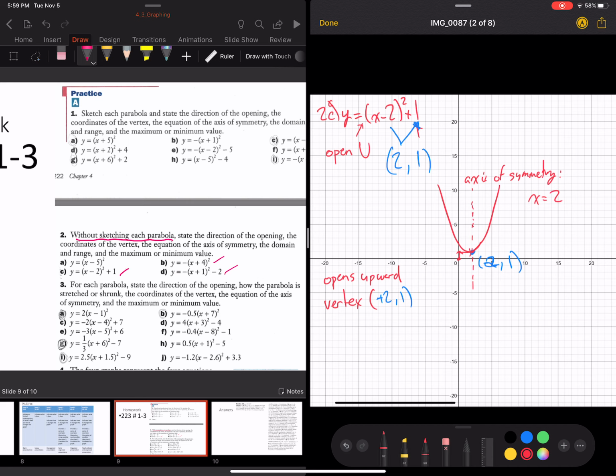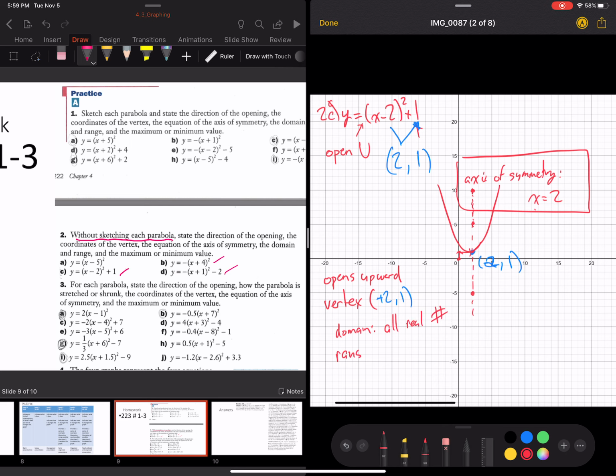Y can equal anything around this line. Here it's equal to 10. Y is equal to 5 here. Y is equal to minus 5 here. But one thing constant is that x equals 2. So that's my axis of symmetry. What else does it ask for? Our domain is always the easiest thing. It's all real numbers.